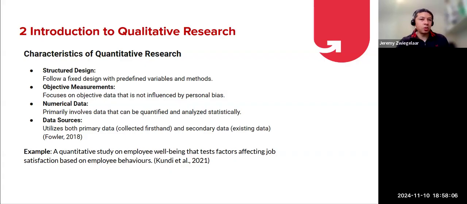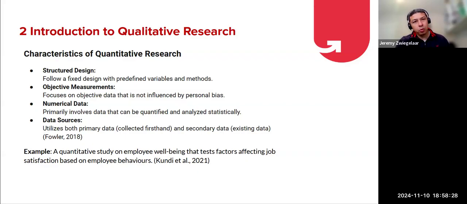So there's different data sources that we will use or can use in terms of quantitative research. The main ones would be the primary data, where we are either collecting it directly from the respondents in terms of surveys or experiments, or secondary data, where we're looking at existing data and pulling that in.